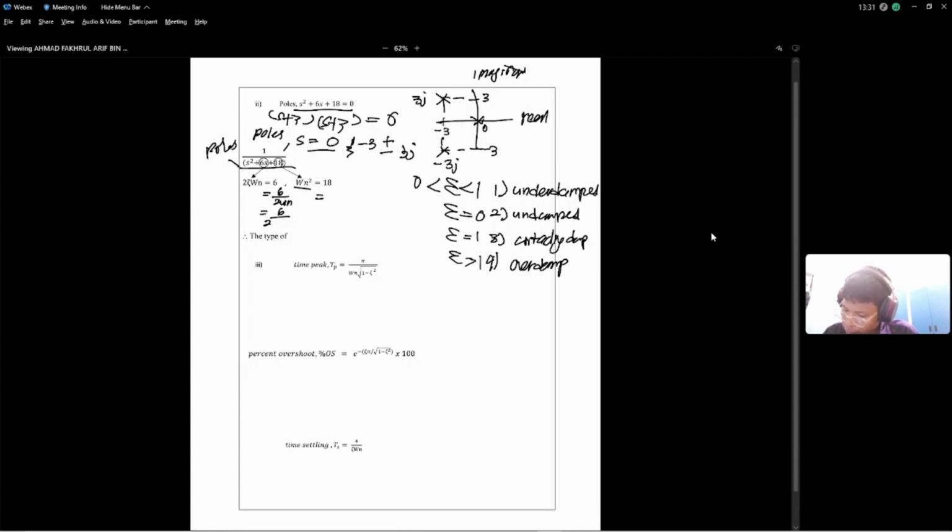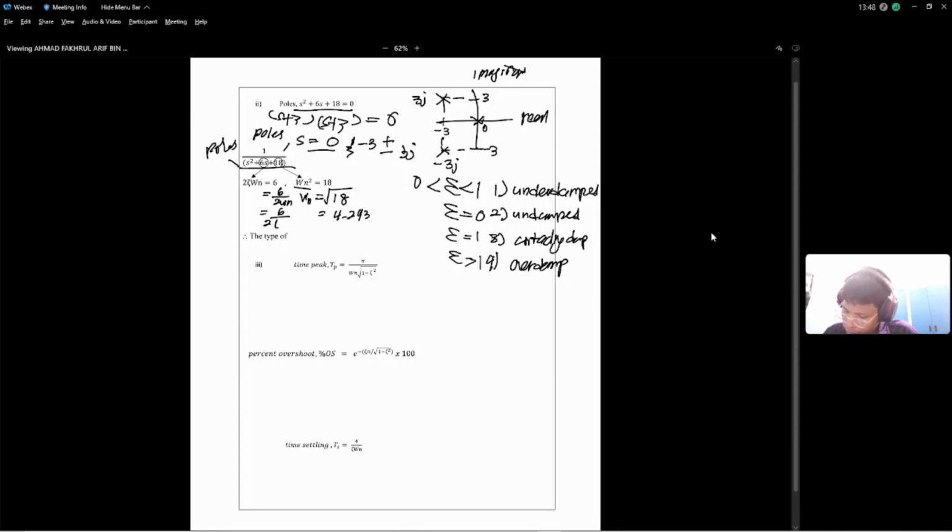How to find omega_n is easy. 18, just take the square root, and then we get 4.243.